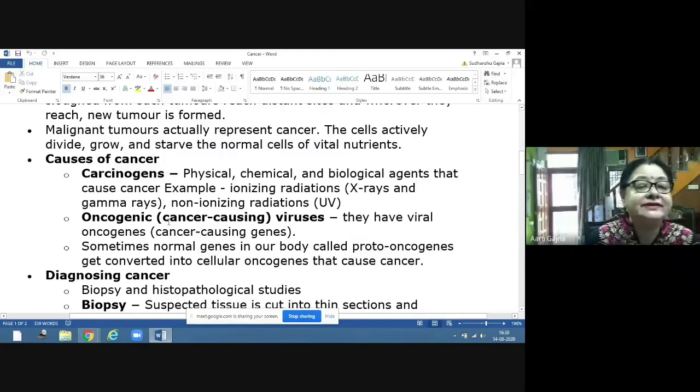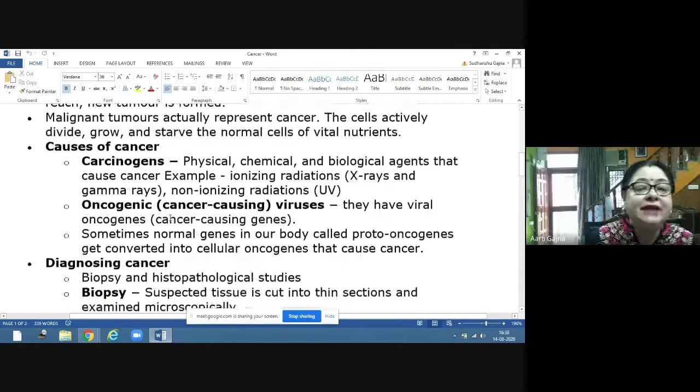These viruses have oncogenes, and these oncogenes are cancer-causing genes. So when a person is infected by these oncogenic viruses, the person gets cancer.